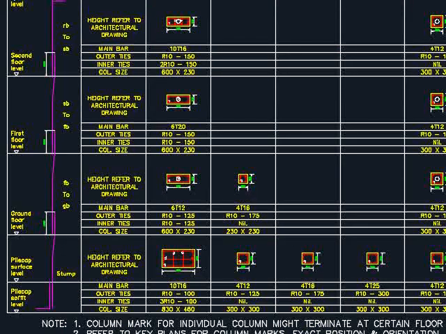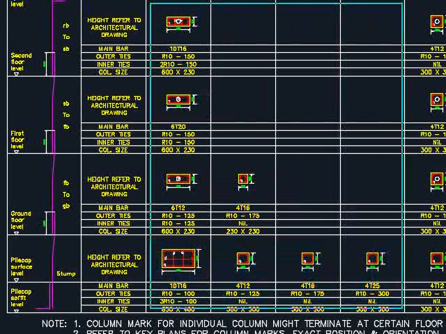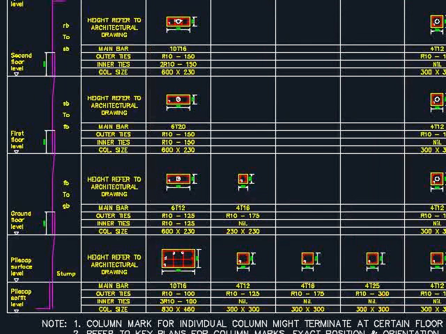Probably let us take some time to look into the column schedule. You have this as the parapet level. This is below the ground floor, above ground floor, above first floor, and second floor. What you see here, the column schedule gives you the information.